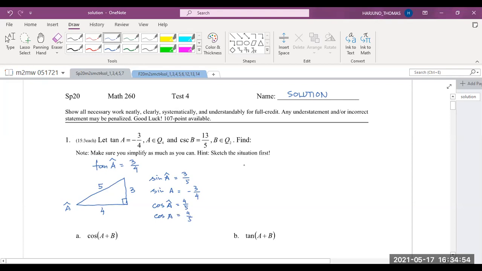Okay, now cosecant B is 13/5. B is in quadrant 2. So I make it the reference angle, but still positive. Now my B hat, the reference angle, is in quadrant 1, right? Now then do the triangle.